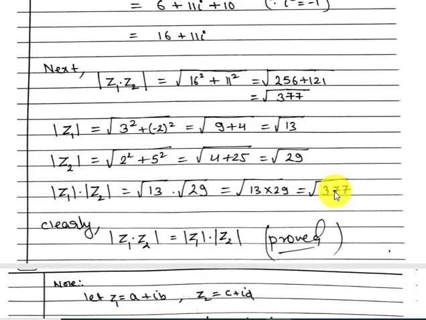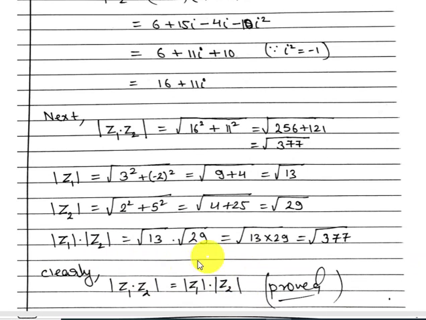So here what do you observe, that either you find the modulus of this product, okay, or you find the product of these moduli, value would be same. Yes, square root 377, square root of 377. So hence we showed that modulus of the product is equal to product of the moduli. Okay, so it's proved.